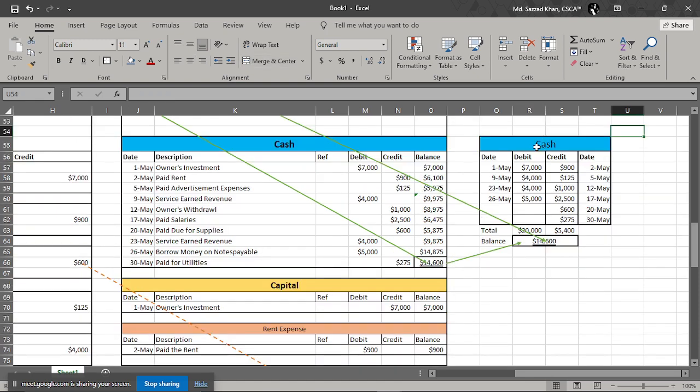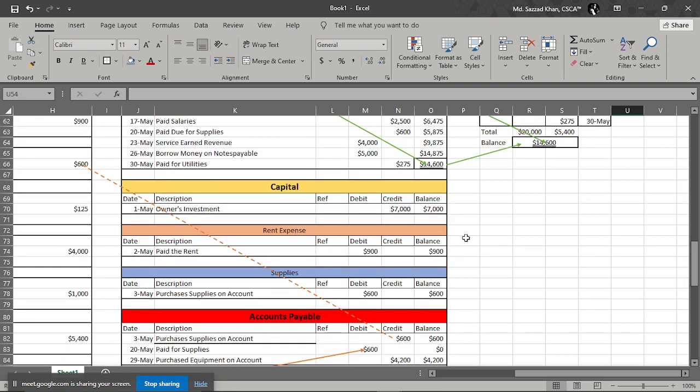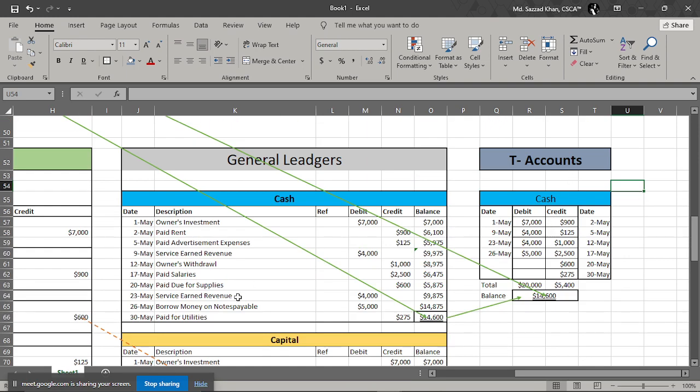In the same way, we can do all of this. Capital, all right? Rent expense. The account follows all of this like this.